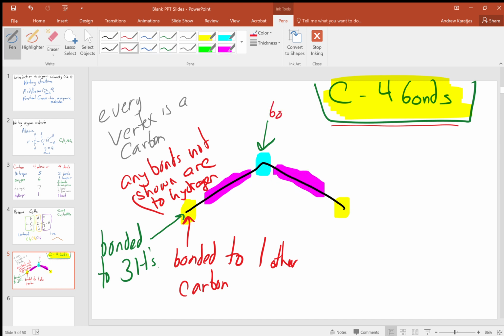So it's bonded to 2 carbons. Again, we need to have 4 total bonds. So to get to 4, then that tells us that there's 2 bonds to hydrogens.